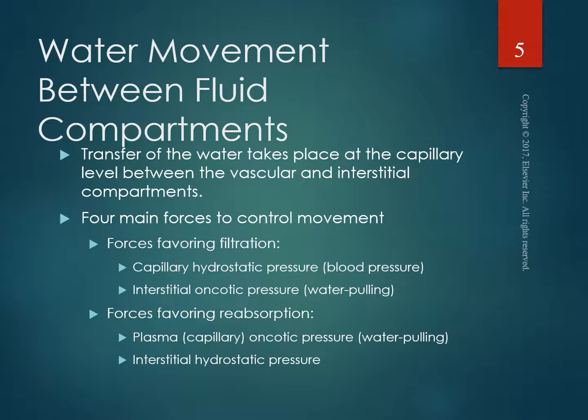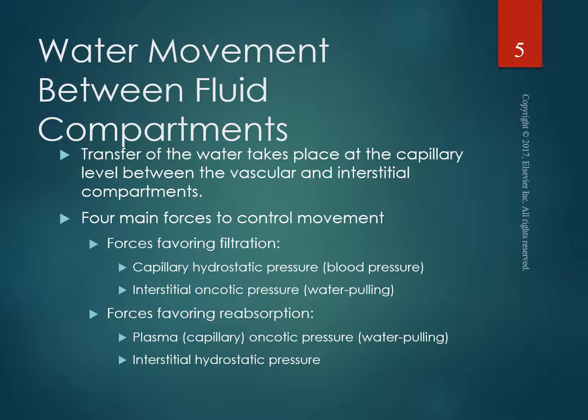Tonicity is the osmotic pressure of two solutions separated by a semipermeable membrane. This characteristic is often used to describe the cell's response to the external solution. Much like osmotic pressure, tonicity is influenced by the solutes that cannot cross the membrane.